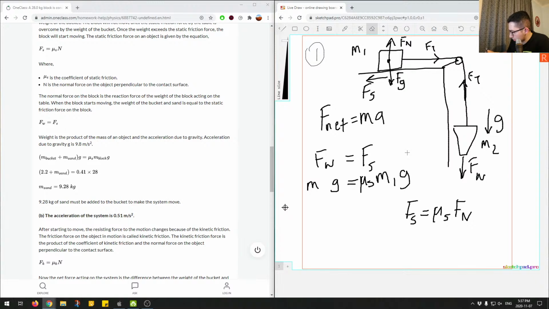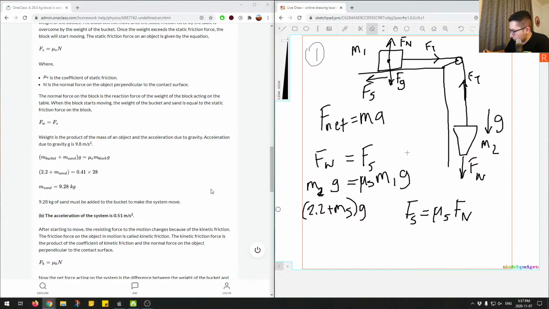So really it's only mass 2 here. And mass 2 is comprised of the sand that's being poured into the bucket and the bucket itself, and we know that this is 2.2, which is the mass of the bucket plus the mass of the sand. We'll call this MS times gravity.